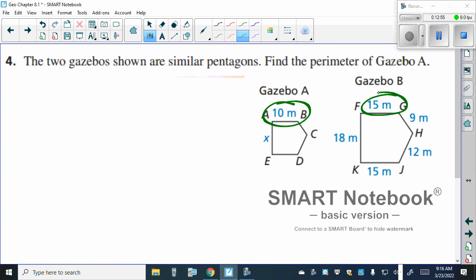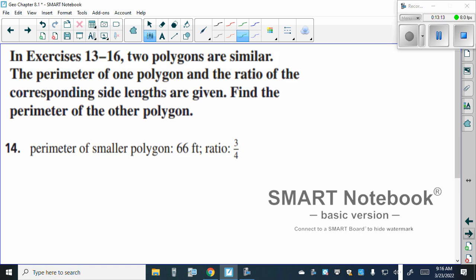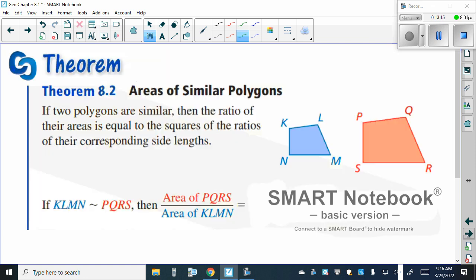FG is 15. I mean, KJ would also work. They're both 15. We need to match up those sides. We couldn't use 9 or 12 because it is not a corresponding side to the given side length that they gave us. Perimeter. Okay.